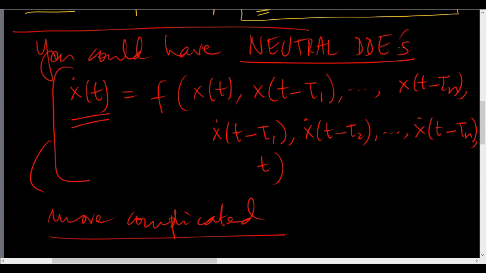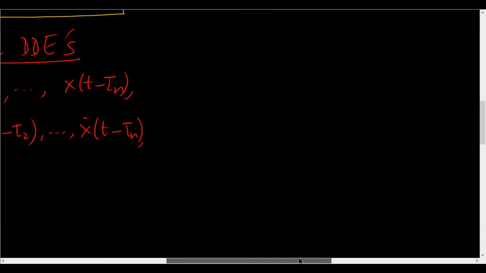So in neutral delay differential equations, what happens is that the highest order derivative also is delayed. Okay, so the highest order derivative at the time of interest depends on delayed values of that highest order derivative. So these are harder. We are not going to talk about this, but if you think about it further, you will see why they are more difficult.